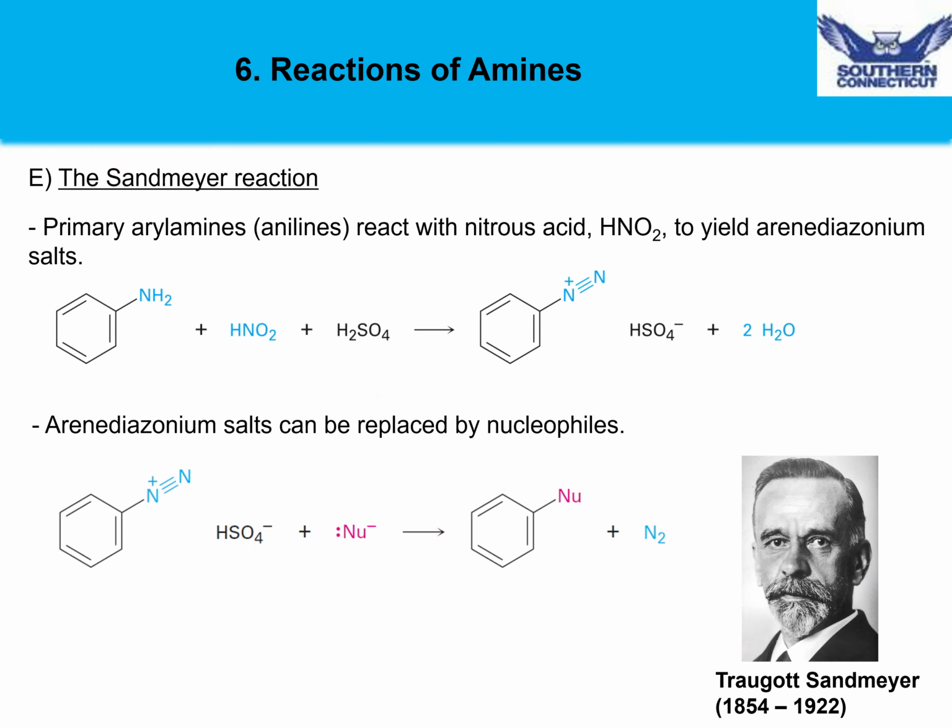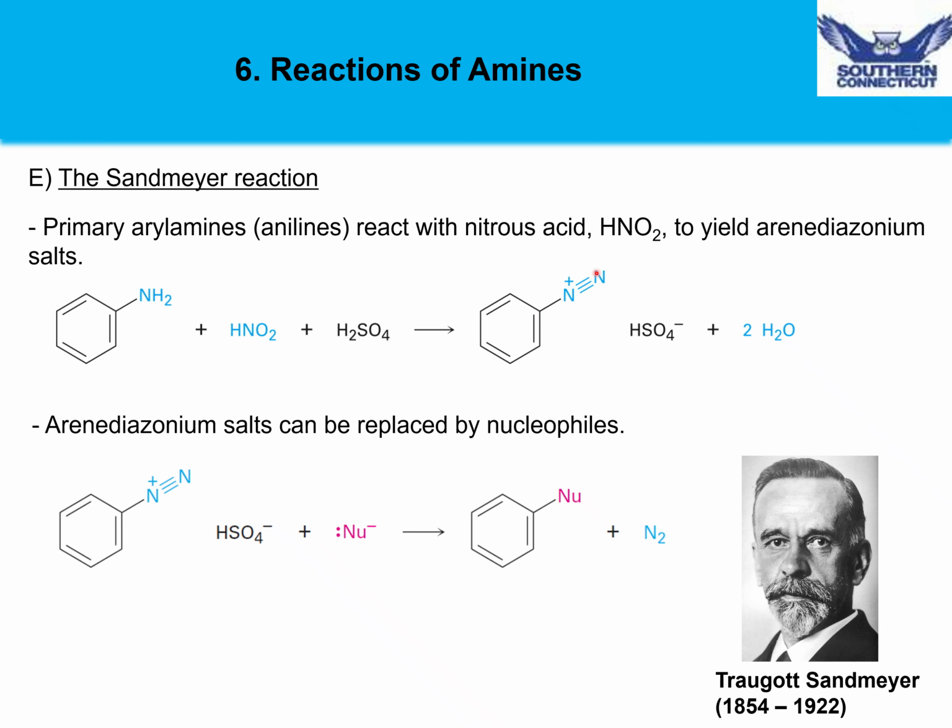The Sandmeyer reaction is a very useful reaction that allows us to convert the amino group in an aniline into a number of other substituents that are attached to a benzene ring. The Sandmeyer reaction involves reacting an aniline or a primary aromatic amine with nitrous acid, which is HNO2, to form a diazonium salt.